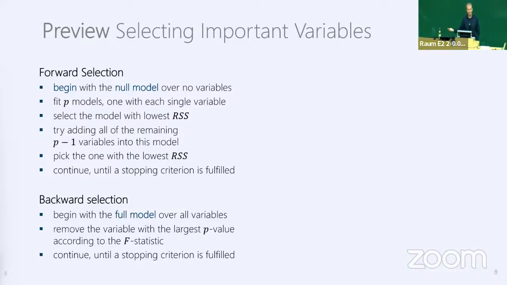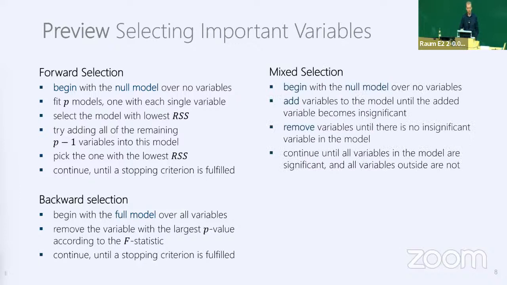Well, if we have forward and we have backward, why not do both? Yes, this is called mixed selection or smart selection. We start with an empty model, we grow it like in forward selection. Basically, the stopping criterion becomes the significance. You already have all the machinery in the previous slides.